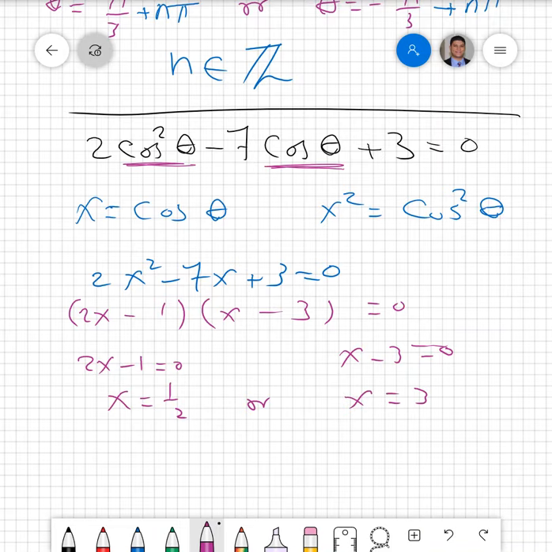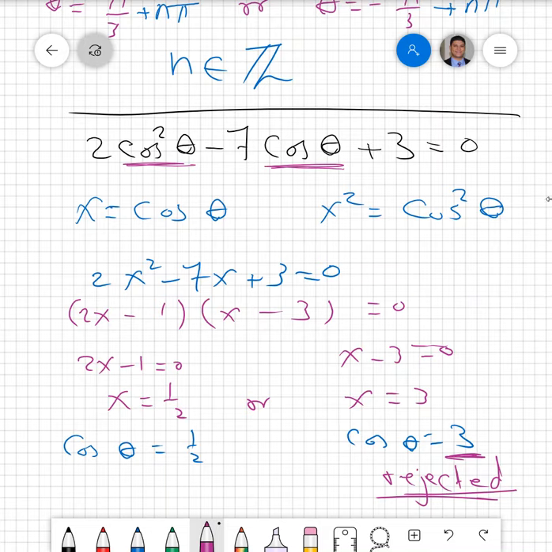Okay, let us replace x by cosine theta. So cosine theta equal half, cosine theta equal 3, and we know that 3 is an invalid value, so this is rejected.